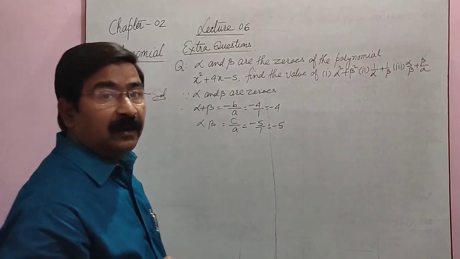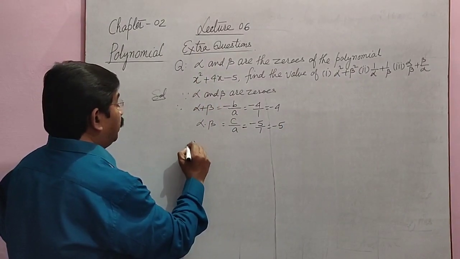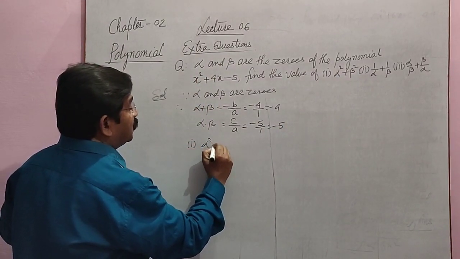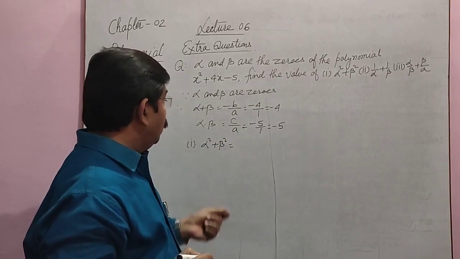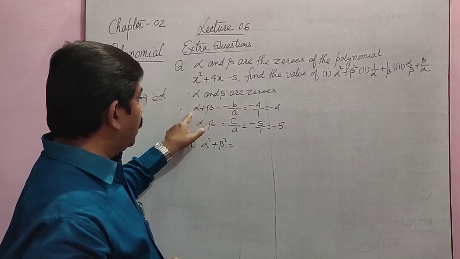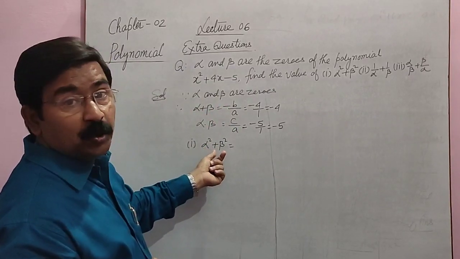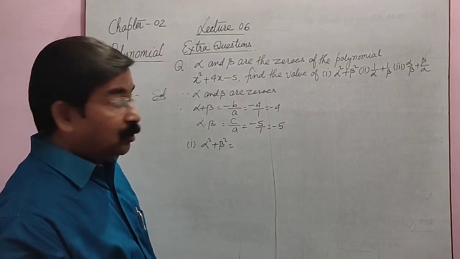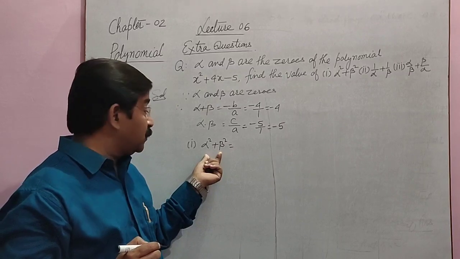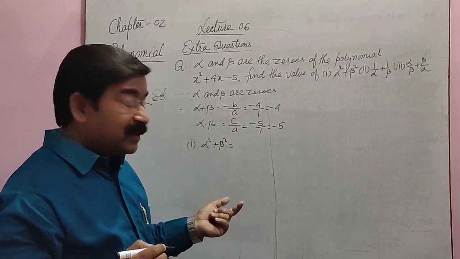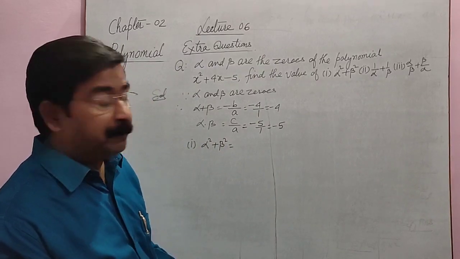Now we have to find the value of the first one. We have alpha square plus beta square. See, we have alpha plus beta, the sum of zeros. Here we have the sum of squares of zeros. So we have to convert this alpha square plus beta square in such a way that we can get the value of alpha plus beta.